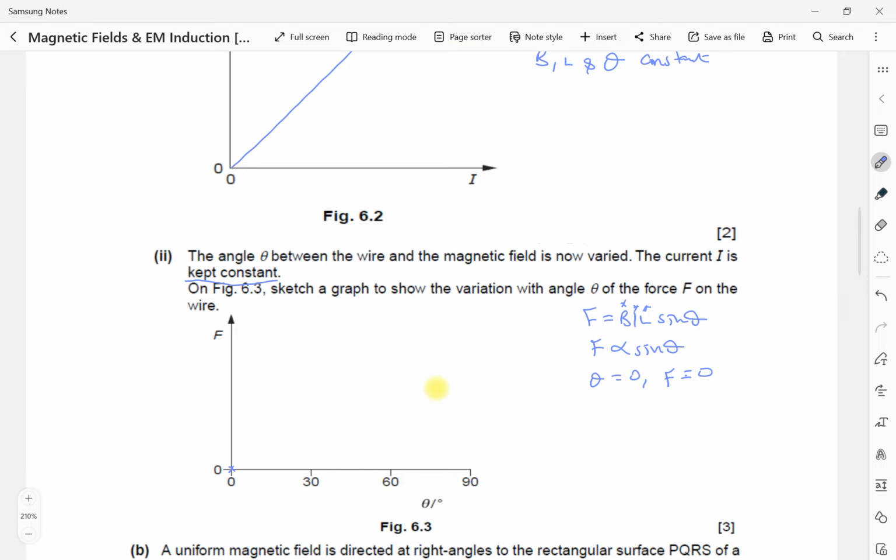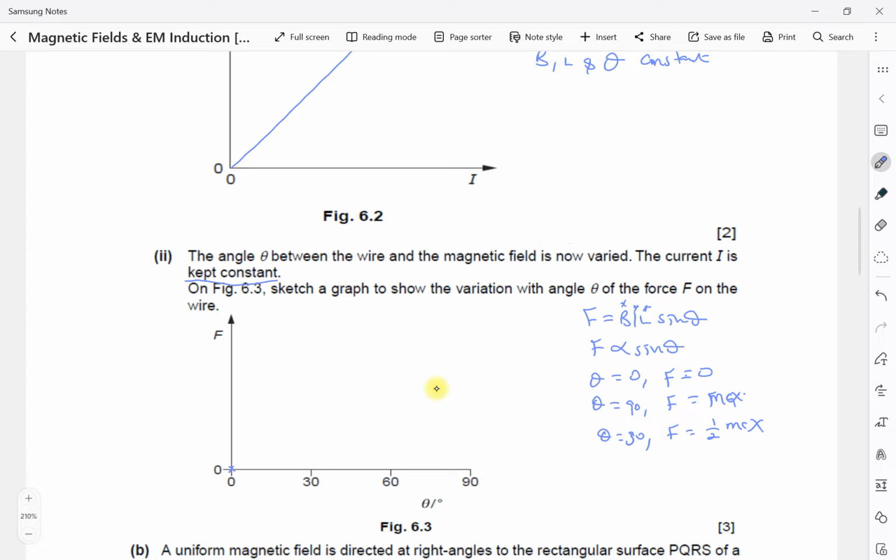And when theta equals 90 degrees, sine of 90 is 1. So F is going to be maximum. So the graph should reach a maximum value of F at theta equals 90 degrees. Of course, we notice that when theta equals 30 degrees, F is going to be half of the maximum value.